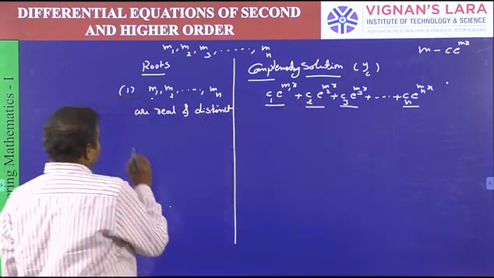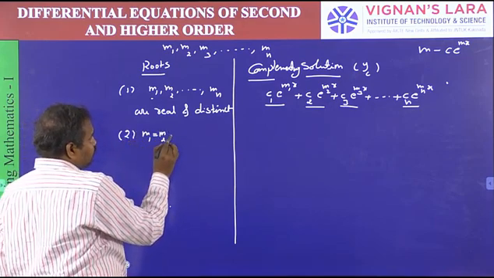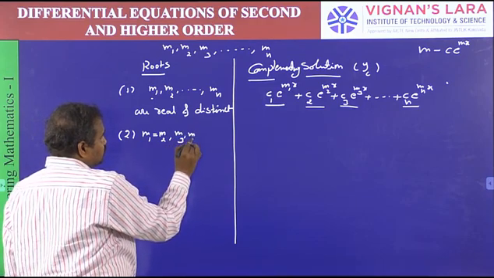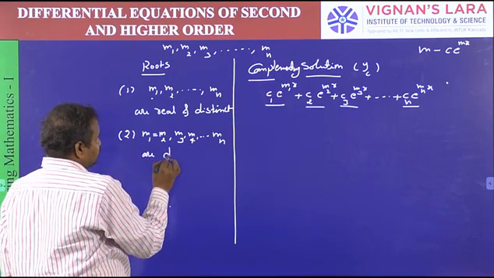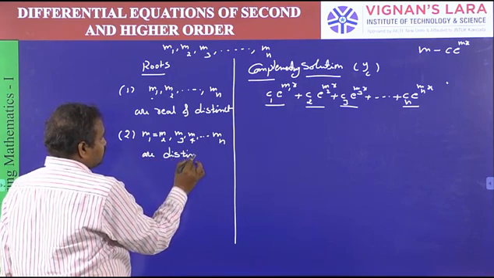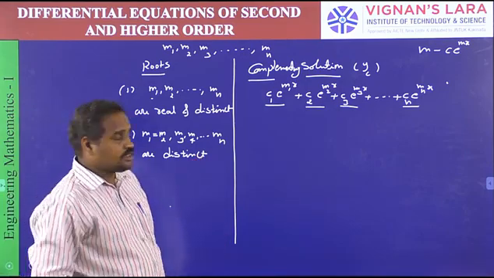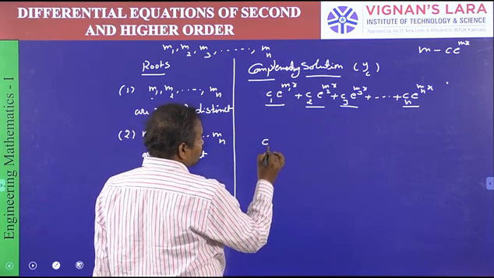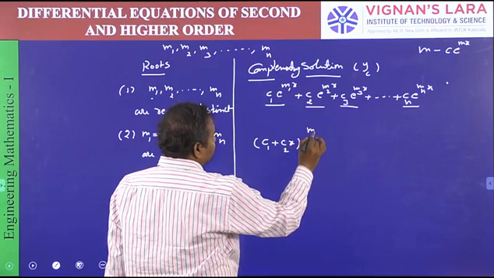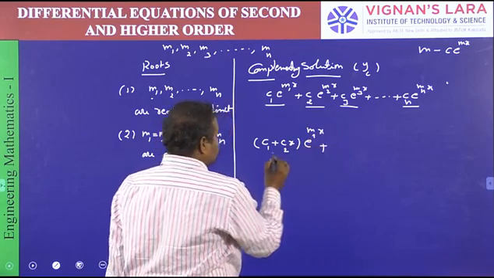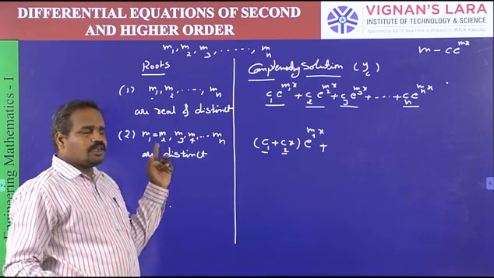Coming to the second case, two roots are equal: m1 is equal to m2, and the remaining roots m3, m4 and so on up to mn are distinct. Then the complementary solution is C1 plus C2x into e power m1x. C1 and C2 are two constants obtained because two roots are real and equal.